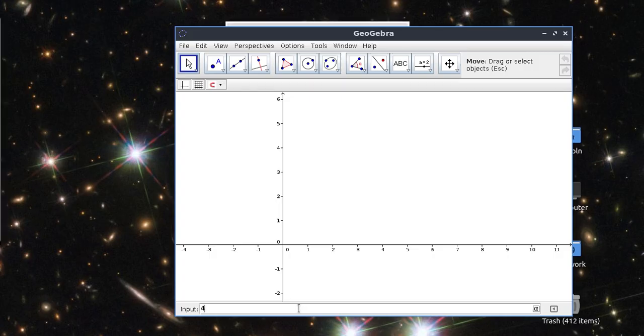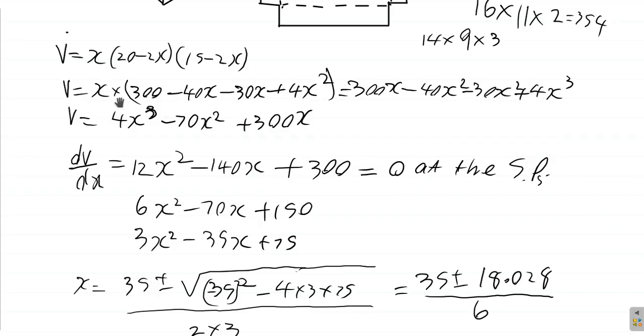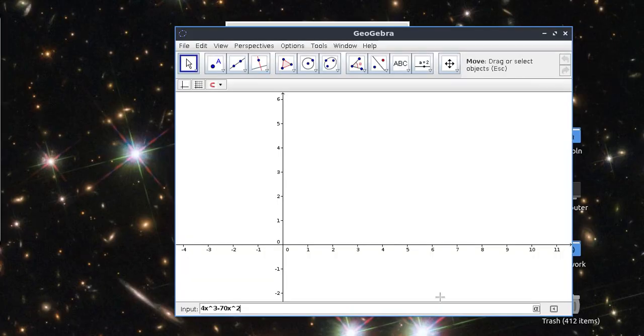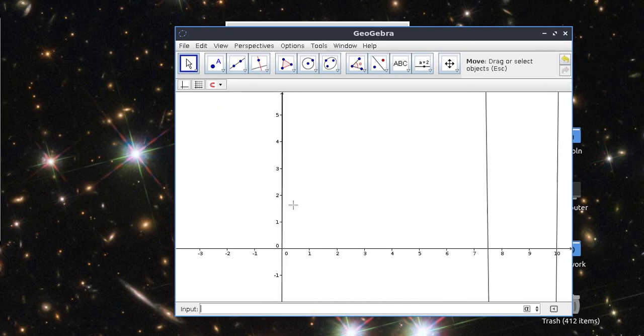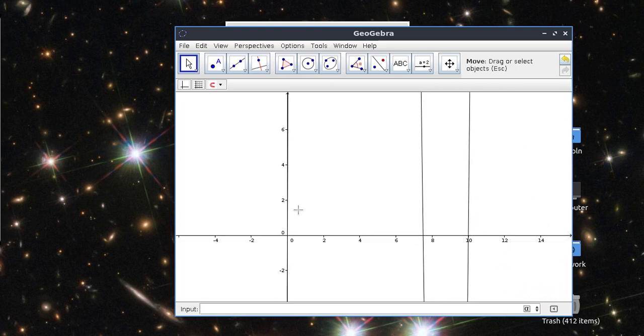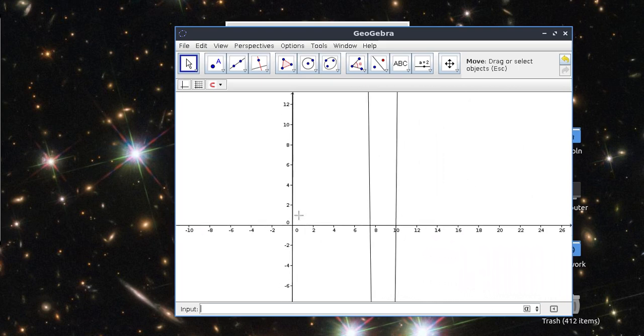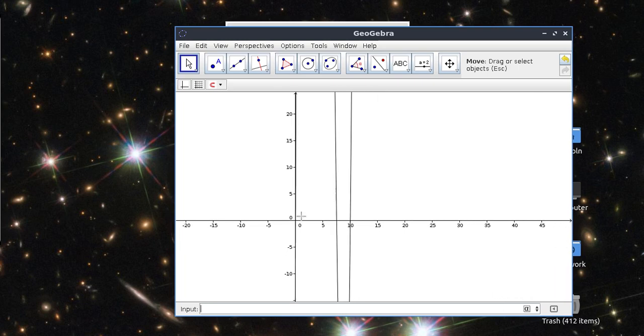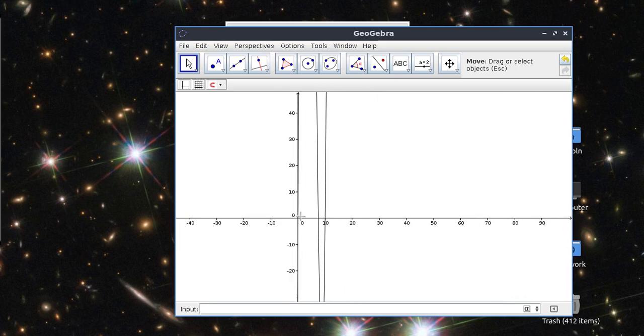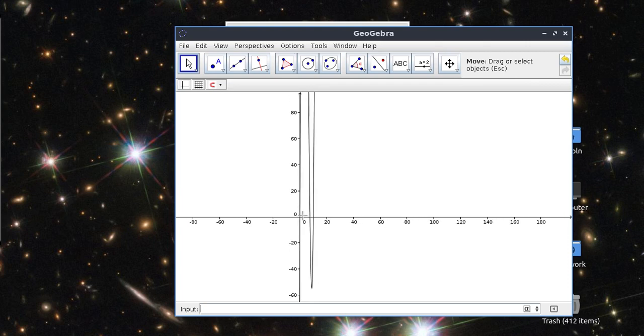So 4x raised to the power of 3 minus 70x raised to the power of 2 plus 300x equals. All right, we're going to have to zoom way out to see this graph properly, because of all of those large numbers, the 300 and the 70 and so on and so forth, right?